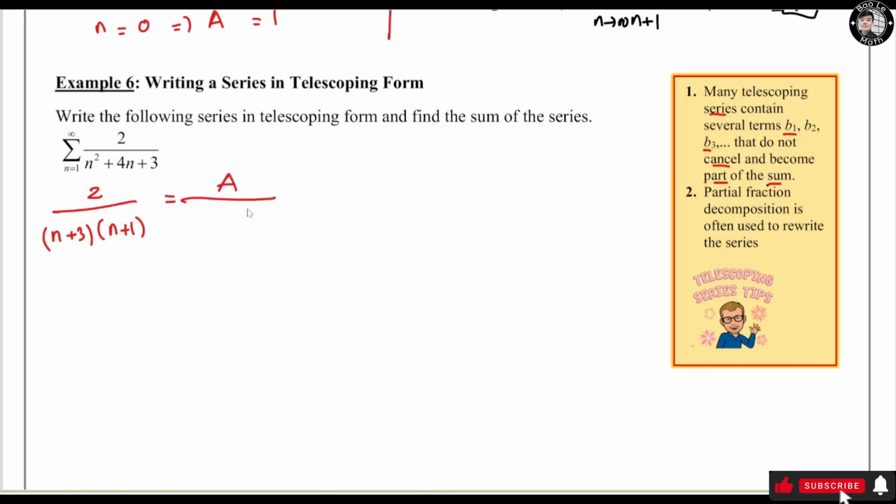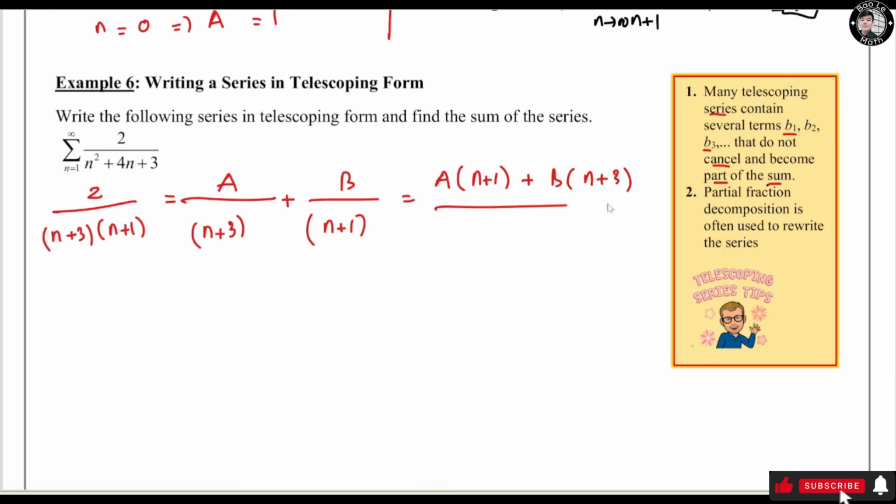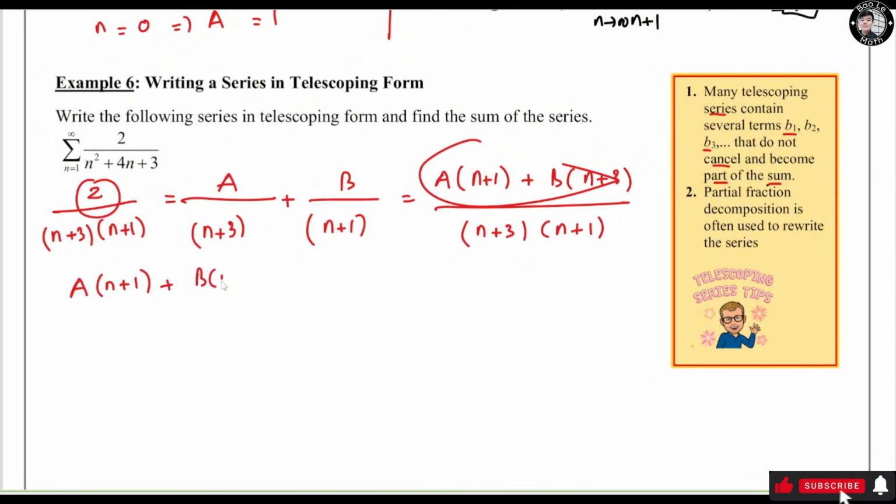Equals a over n plus 3 plus b over n plus 1, right? And then this guy becomes a times n plus 1 plus b times n plus 3 over n plus 3 times n plus 1, right? Now I just equate this guy and this guy, right? So I'm going to end up with a times n plus 1 plus b times n plus 3 equals 2.